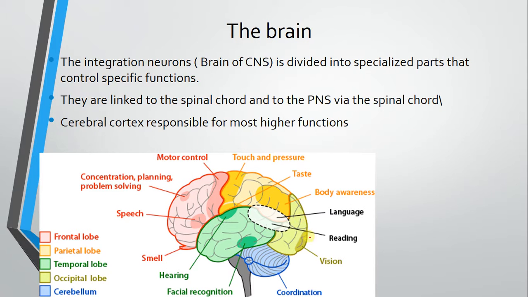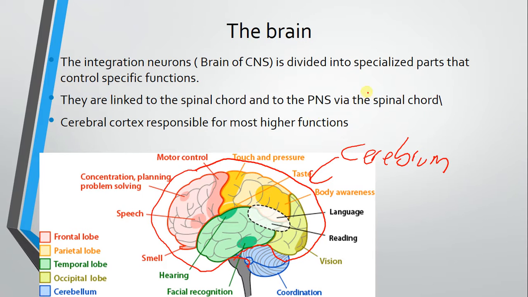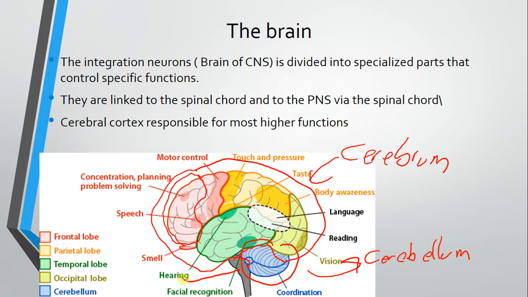The large portion of the cerebrum, right here, is responsible for many of the higher functions and for many of the ways we interface with the world, like speech and smell and motor control. The cerebral cortex, the prefrontal cortex right here, is for decision making, planning, logic. We have our cerebellum for coordination, fine motor coordination, things like that.